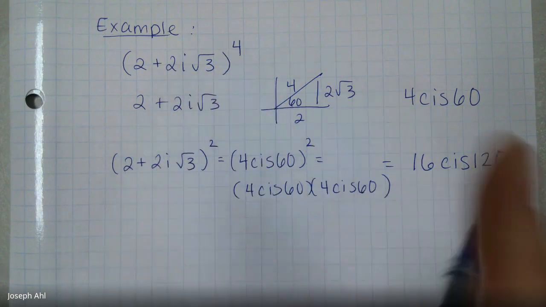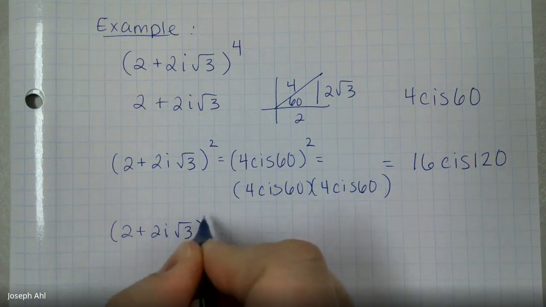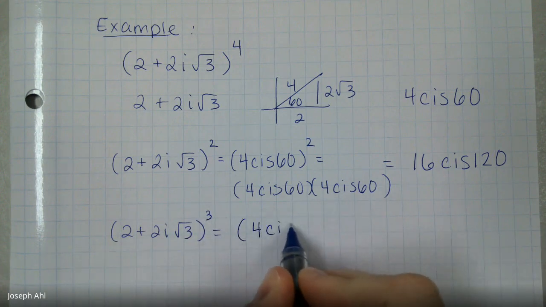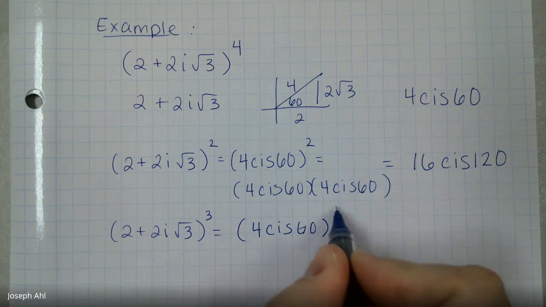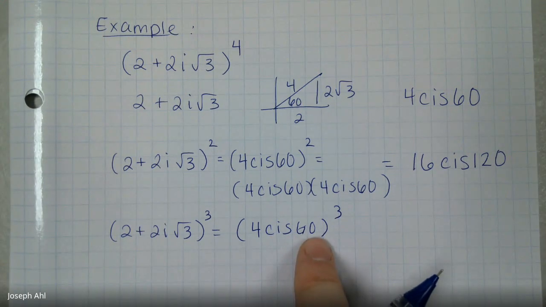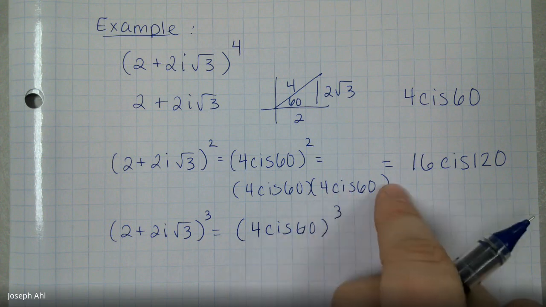Eventually we want to get to the 4th, but let's take a pit stop at the 3rd power. If I try to do this cubed, which again is the same thing as 4 cis 60 cubed, the way we can break this apart is 4 cis 60 squared, times another one of those 4 cis 60s.